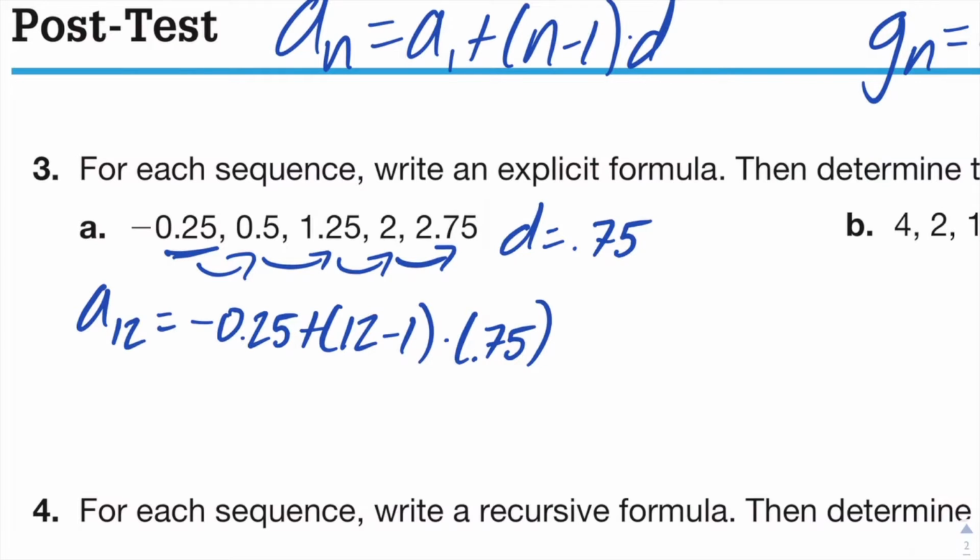Okay, let's do the math. 12 minus 1 is 11 times 0.75, and we just wrote 11 times 0.75. We didn't do anything yet. I like putting the negatives in parentheses.